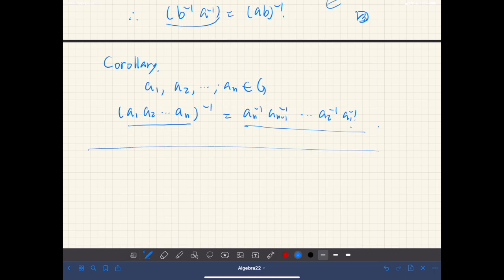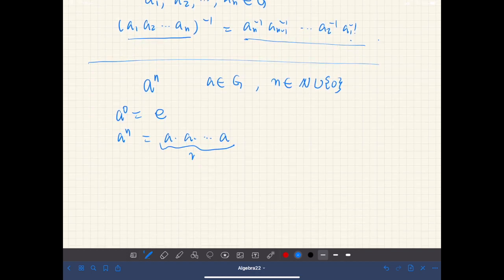We have already seen that by writing a to the power of n for any element a of any group, and n is any natural number or 0, we mean, okay, a to the power of 0 means the identity element, and a to the power of n is equal to a times a and so on. That is, a appears n times. Now we want to define a similar notation for negative integer index.